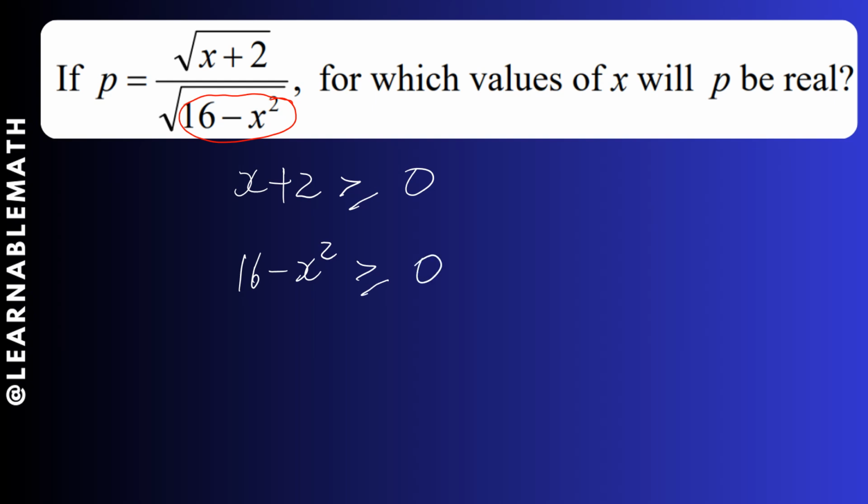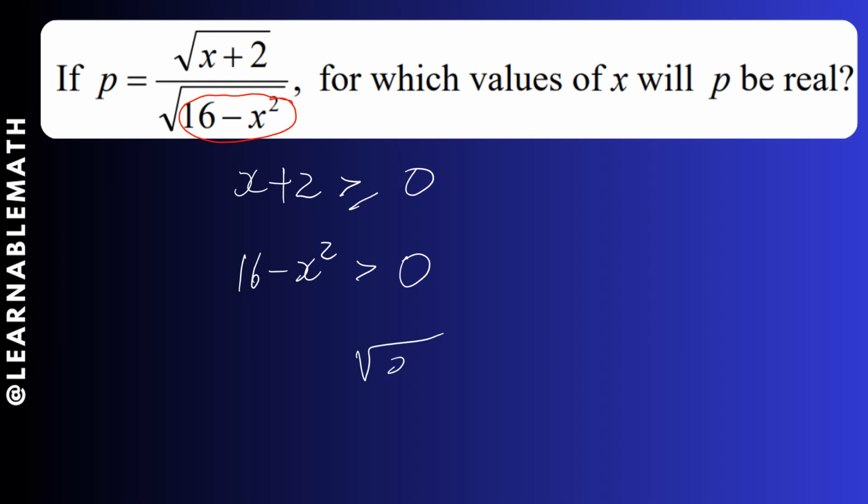But we have to be careful here. If the denominator equals 0, you'll have the root of 0, which gives you 0, and you'll be dividing by 0. So in the denominator, we can't say equals 0. In other words, we will just say greater than 0, because if we say equals 0, it gives us an error.